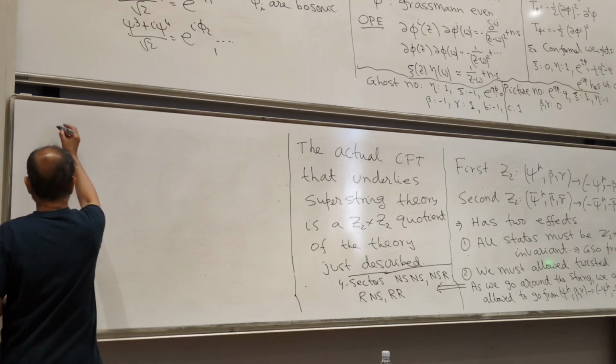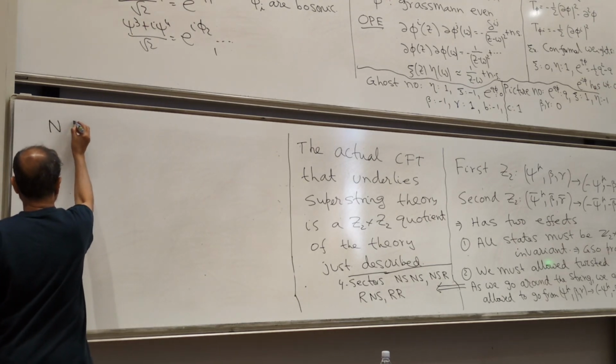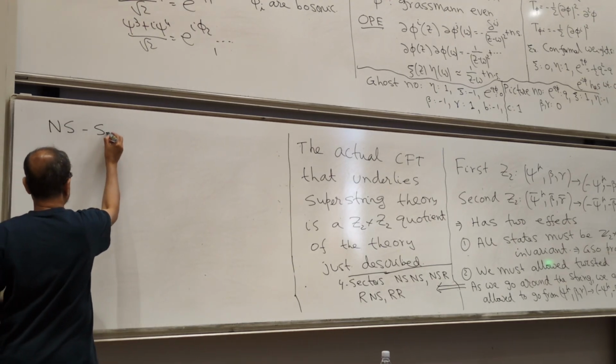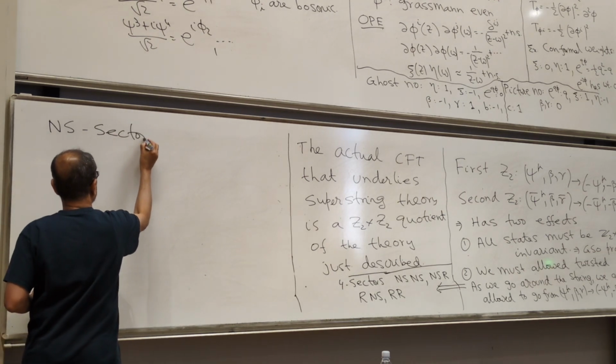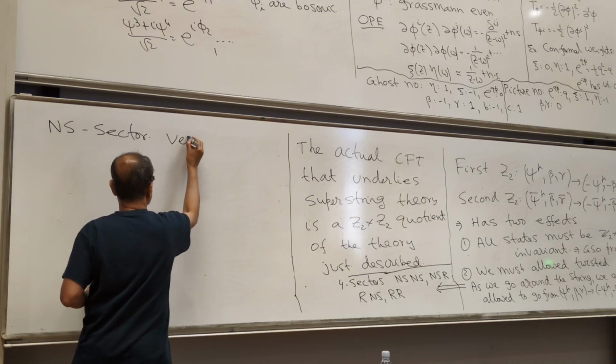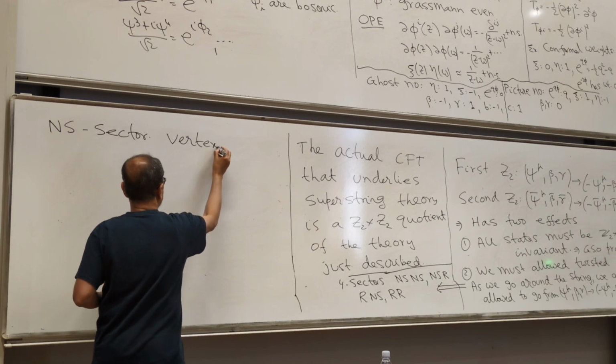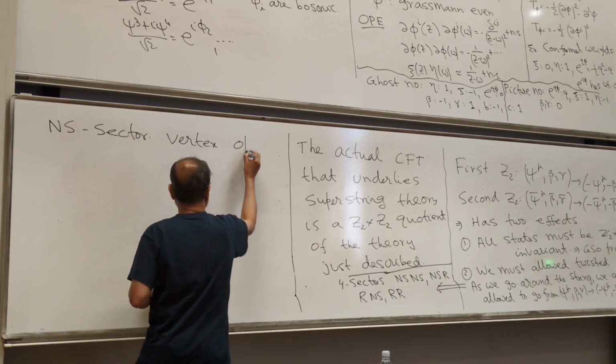Okay, so now let's see how to describe the various sectors. NS sector states, or NS sector vertex operators. States are just the vertex operator at 0 acting on the vacuum.